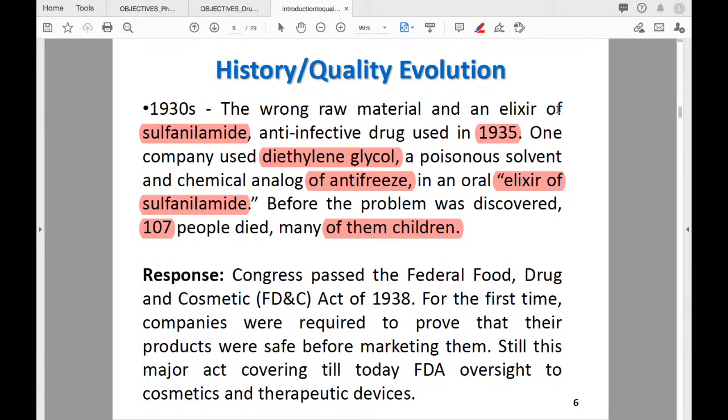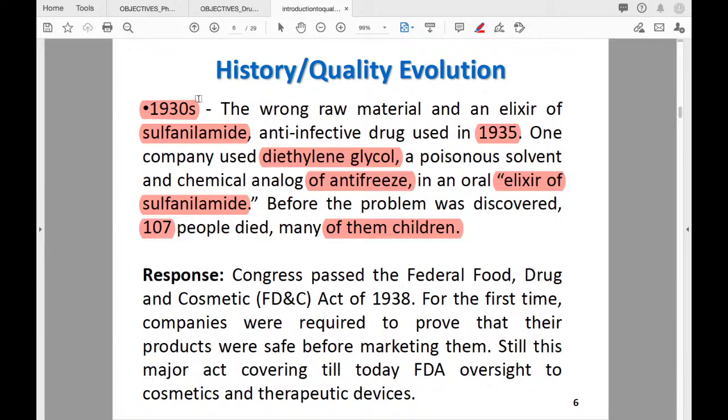The company was using diethylene glycol, a poisonous solvent that acts as an antifreeze, and it was added to this sulfonamide drug and brought to the market. After it came into the market, around 107 people died, and most of them were children. That's how dangerous this field of pharmaceuticals can be.